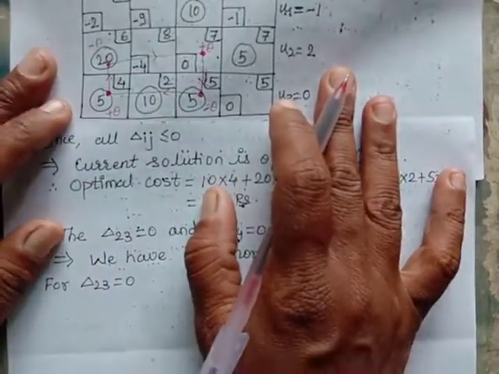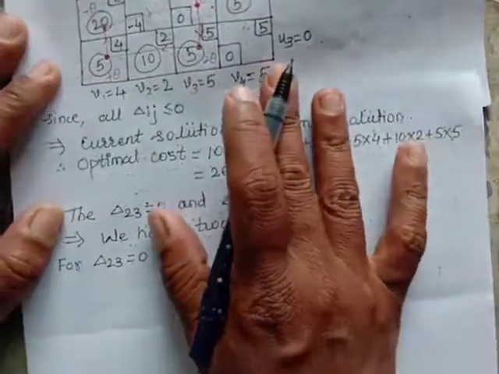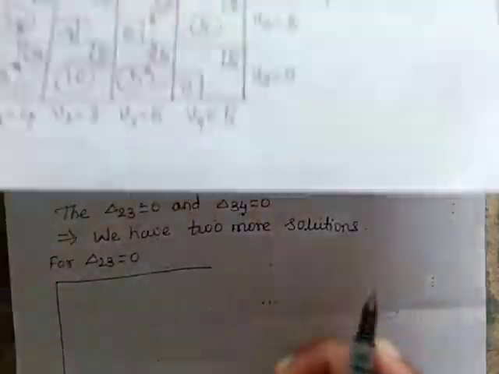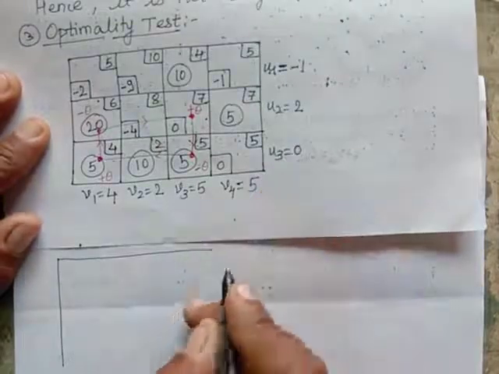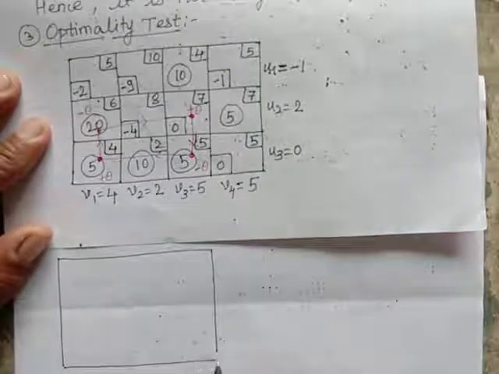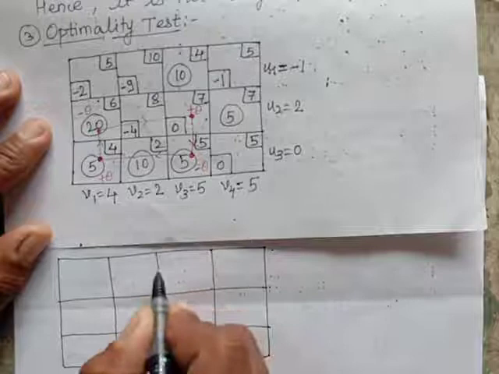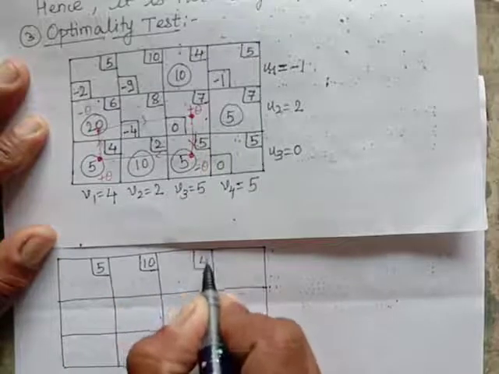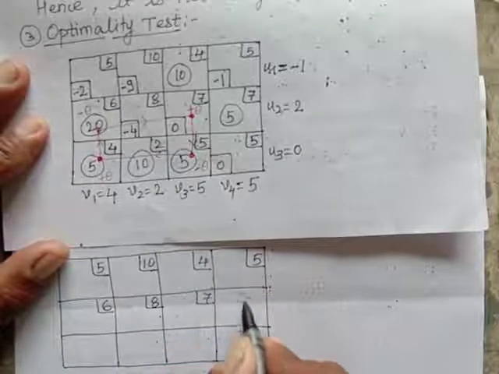Let me prepare a table first for delta 2 3, that new solution. 5, 10, 4, 5, 6, 8, 7, 7.